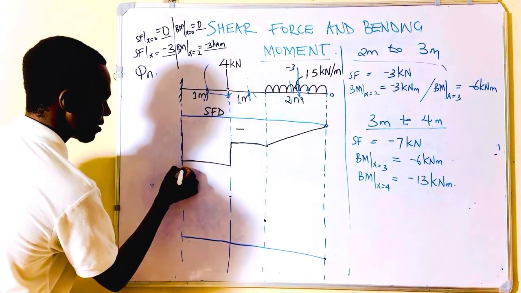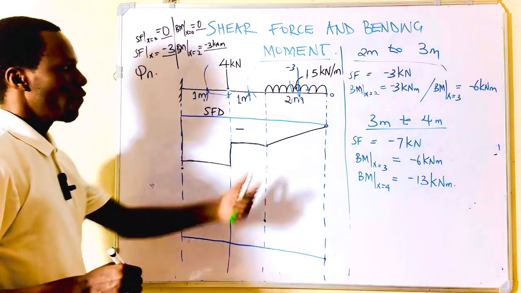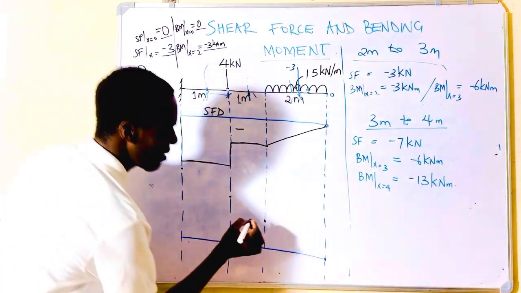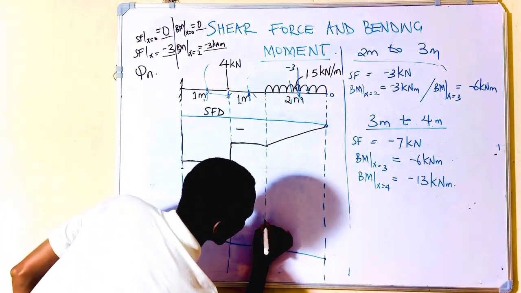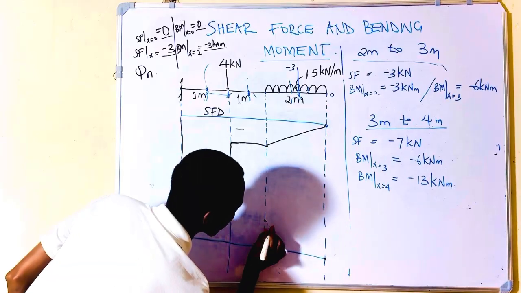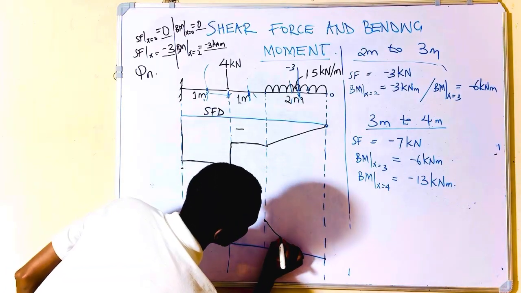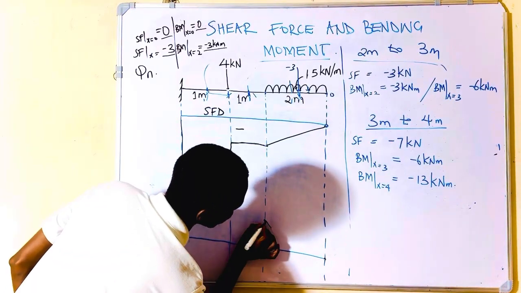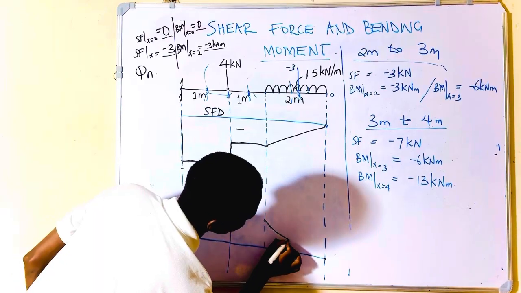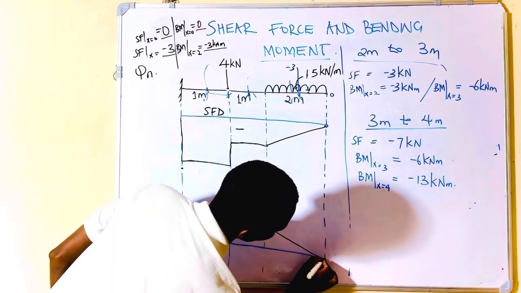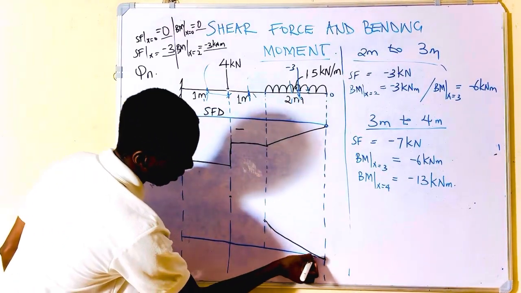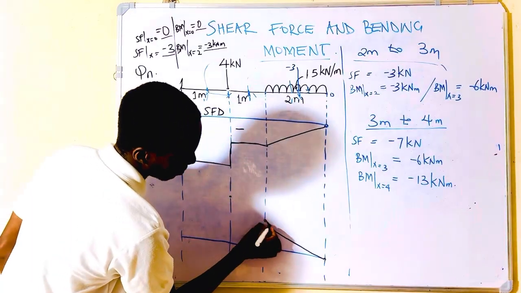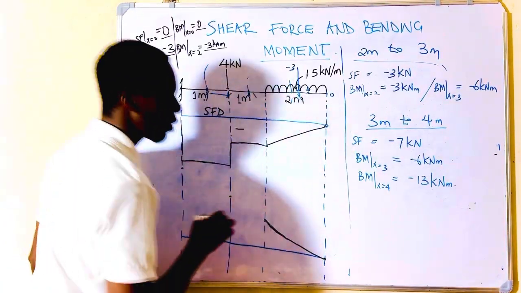So minus 13 is here. For the UDL, the bending moment is supposed to be a curve, and it's going to curve like this. It is supposed to be a curve like this. Hope you have got it.